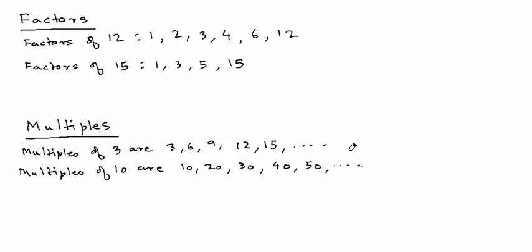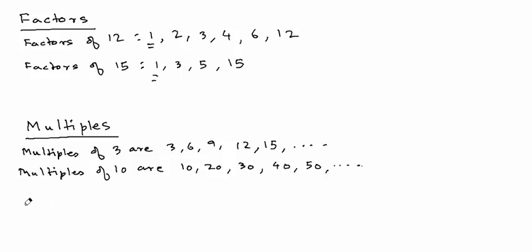And also, a number itself is a factor of itself as well as a multiple. So if you were to list down the multiples of 12, you would start from 12. So 12 is both a factor and a multiple of itself. And then, of course, 1 has to be a factor of every number. 1 will divide any number.